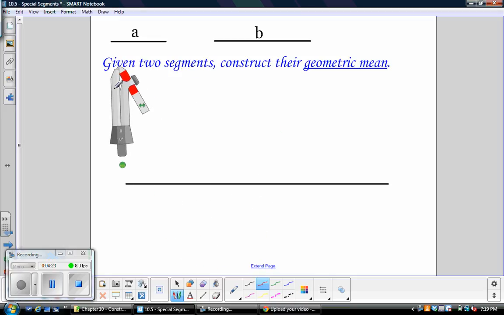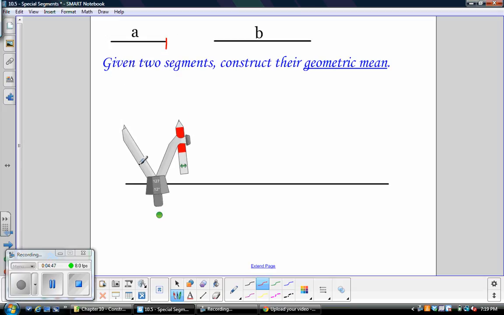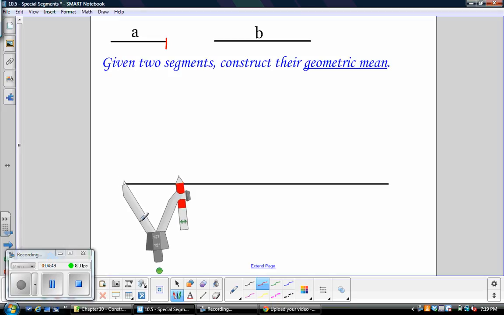So I take my compass up here, I open it up so that it is the length of A. I always like to draw a little mark so that the teacher knows. Now let's go with the endpoint of the segment that I drew.